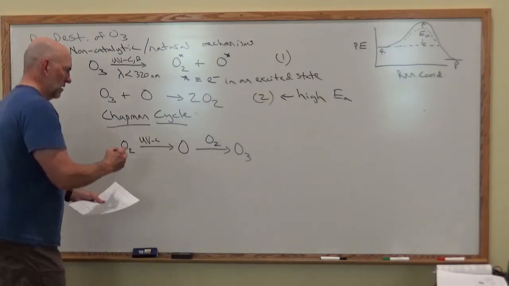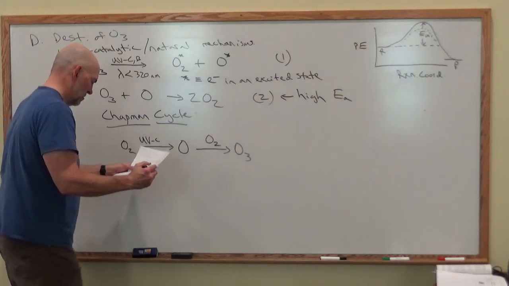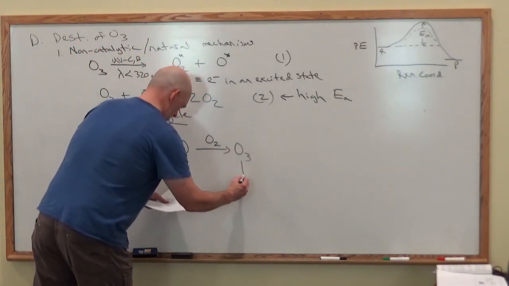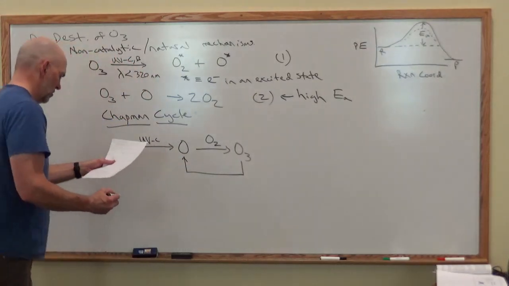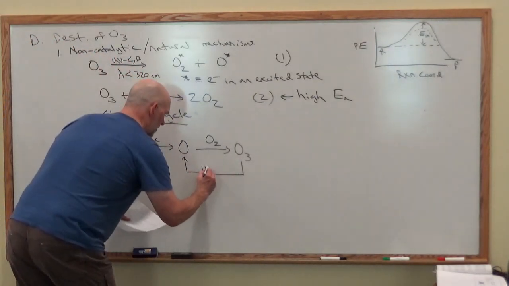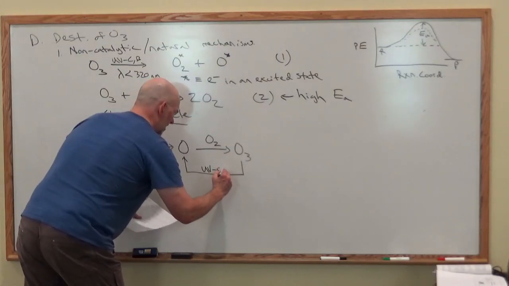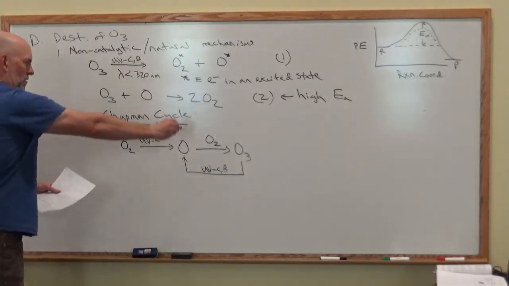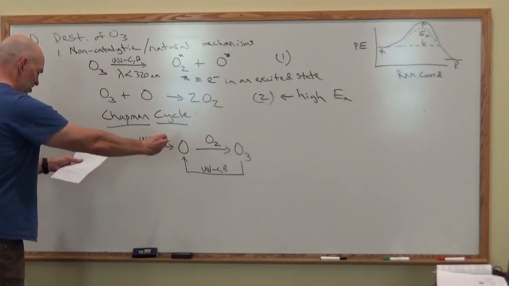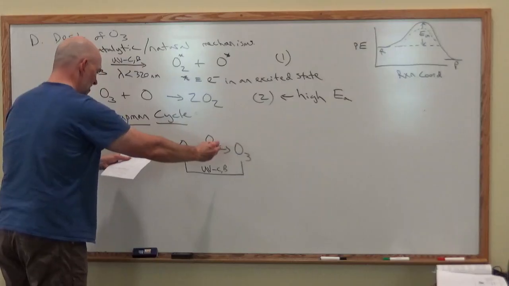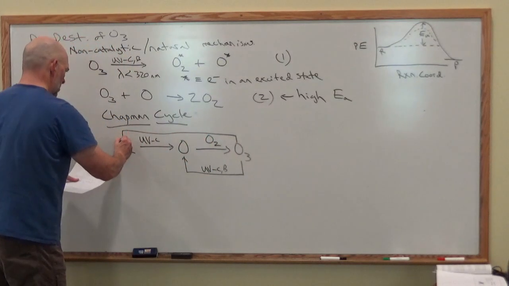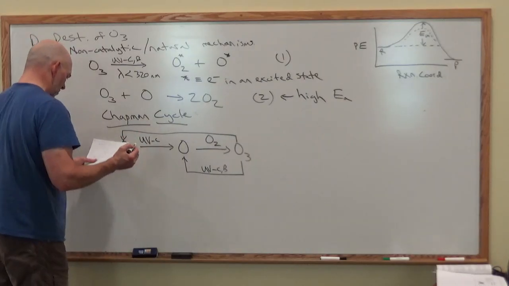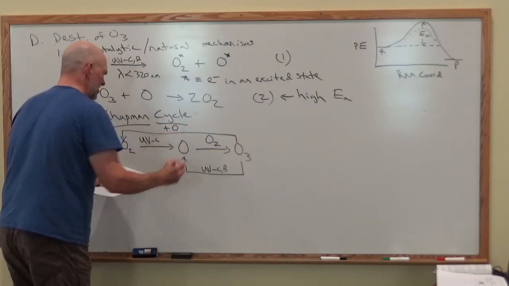But then, to go the other way, UVC and B can produce this oxygen, okay, and then we get stuck in this cycle, but then ozone goes back that way too, if you add atomic oxygen.